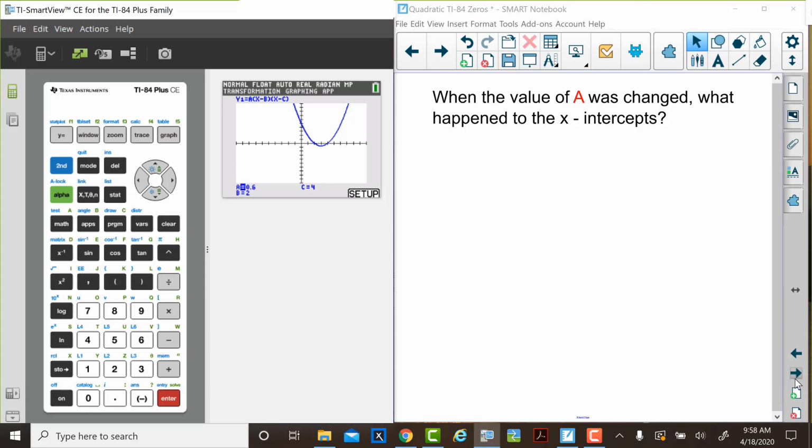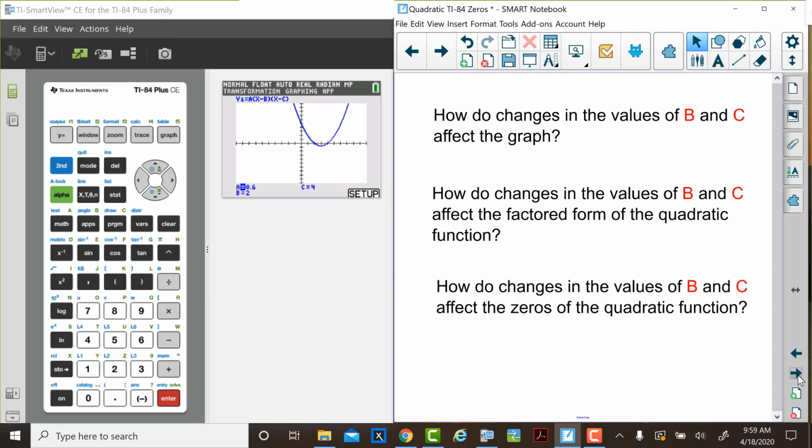Let's now think about what would happen if the values of b and c were changed. Judy's going to change the value of a back to 1, and now she'll make changes in the values of b and c. And as she does this, think about the following questions. I'll read them for you so that you can watch the graph. As b and c change, how do these changes affect the graph?